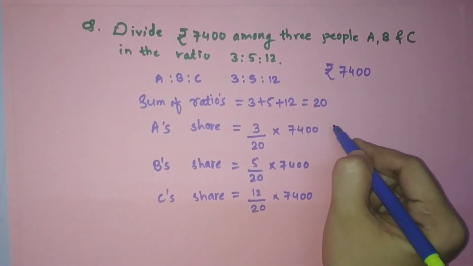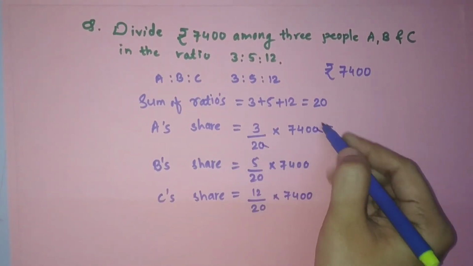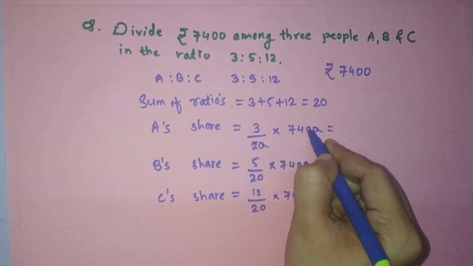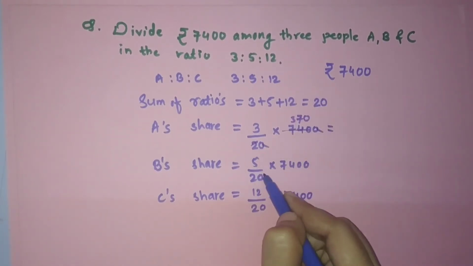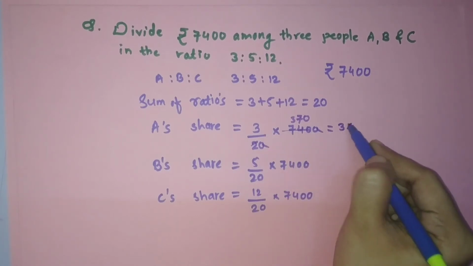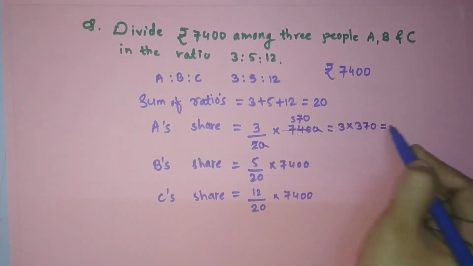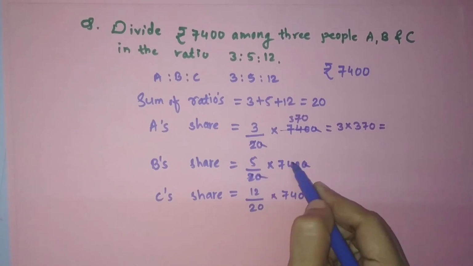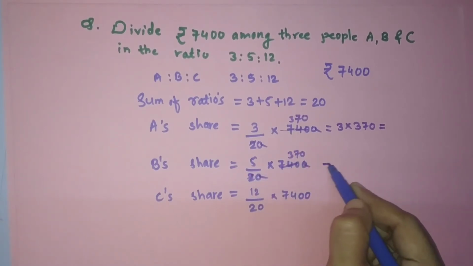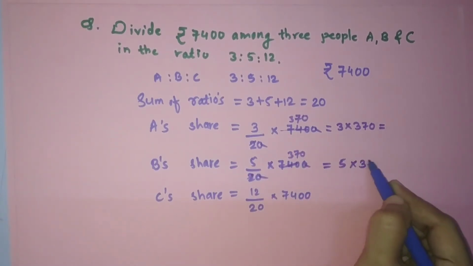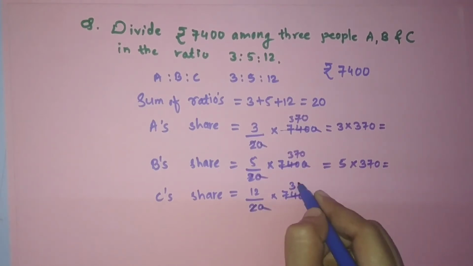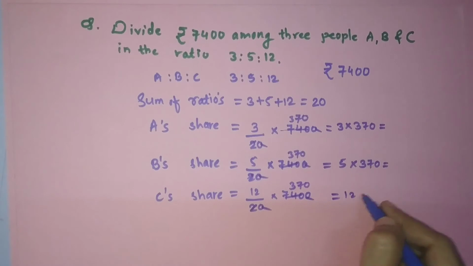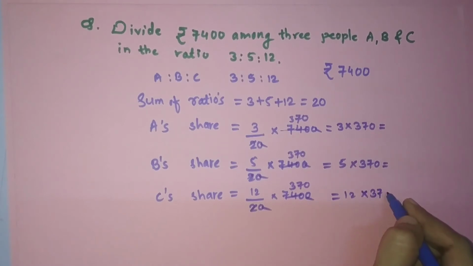So here we'll do it, zeros will cut, and here we are going to cut, we get 370. In the same way we now multiply 3 by 370. In the same way here we'll cut, we get 370, means here 5 multiplied by 370. In the same way we'll cut them and here we are going to get 370. So 12 multiplied by 370.